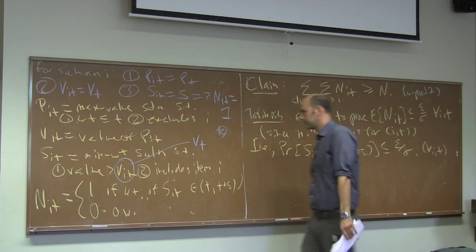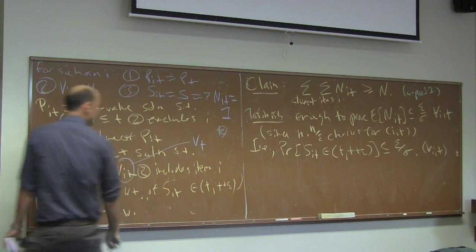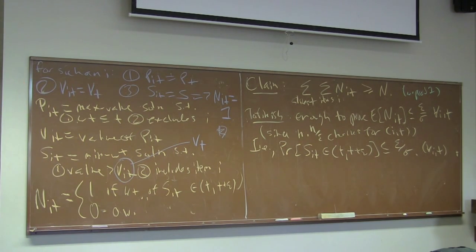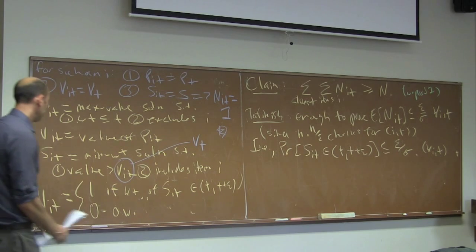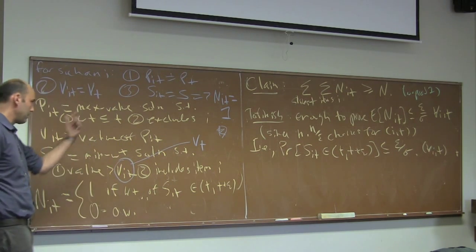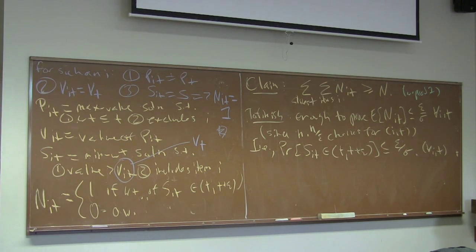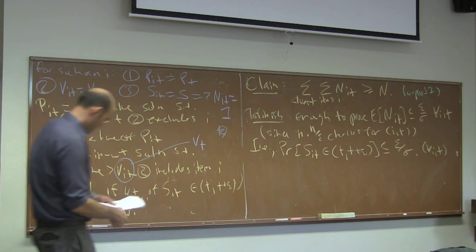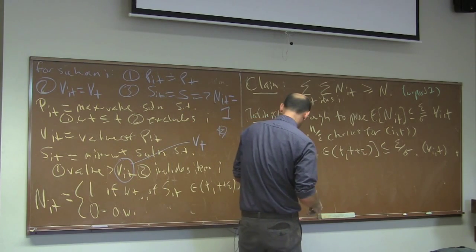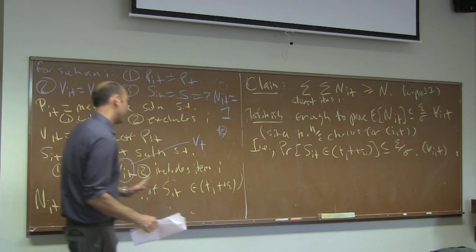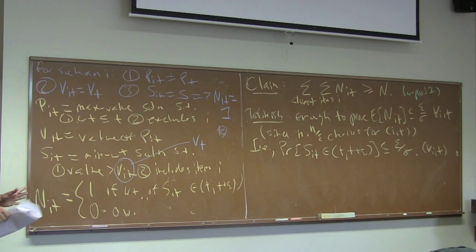Okay? All right. So SIT is wherever it is. It may or may not be in the slice [t, t plus epsilon]. Let's figure out the probability that it is, in fact, in that very slice. All right. And now, basically, all of the work we've done so far has been in service of making this last step easy. Okay?